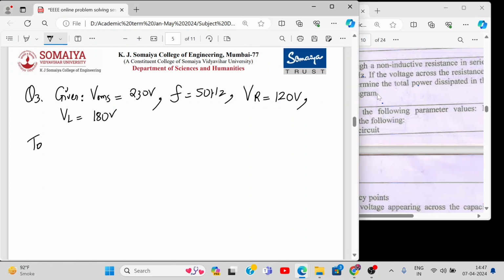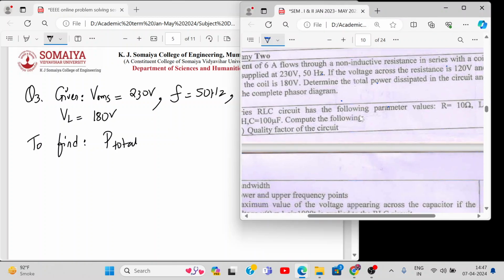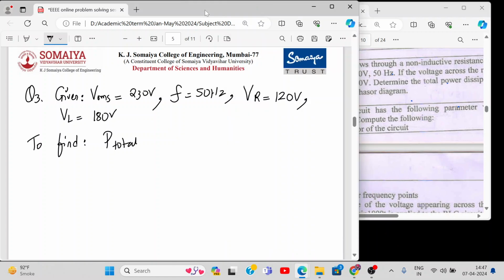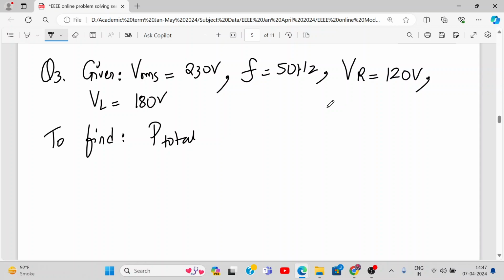So we need to find P total, and we have to draw the complete phasor diagram. Let us begin and visualize how it is done. First, we can draw the conceptual picture. We have R, and we have small r for the inductance.